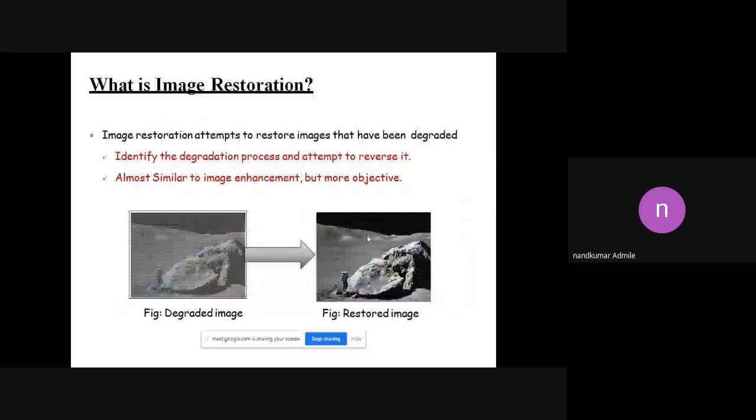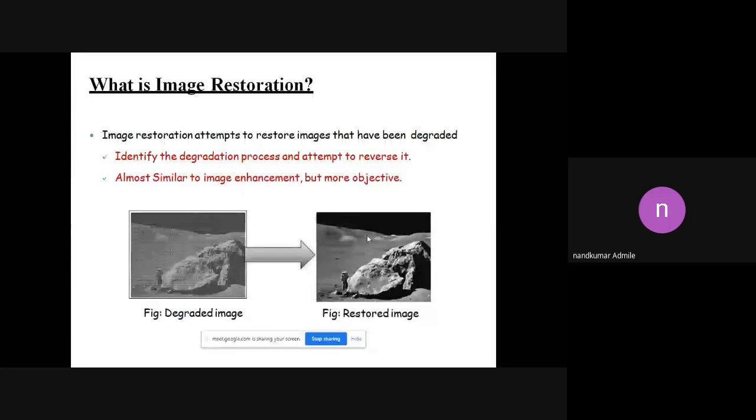Okay, now come to the next slide. In a simple definition, image restoration is nothing but removing the noise from an input image, or from a degraded image.